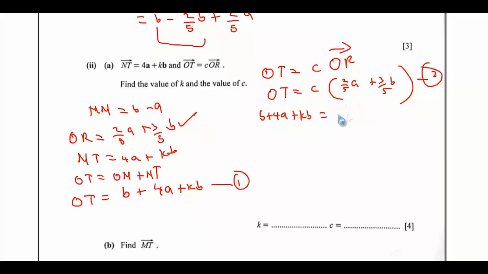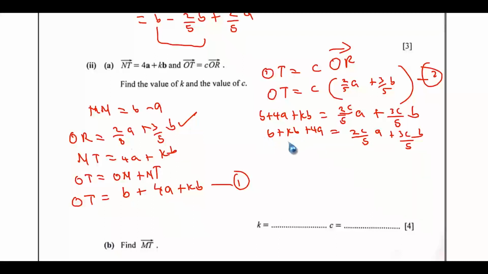So I'm going to expand the bracket, 2C over 5 A, because I want it in the form of A and B, then plus 3C over 5 B. So B plus KB plus 4A will be equal to 2C over 5 A plus 3C over 5 B.